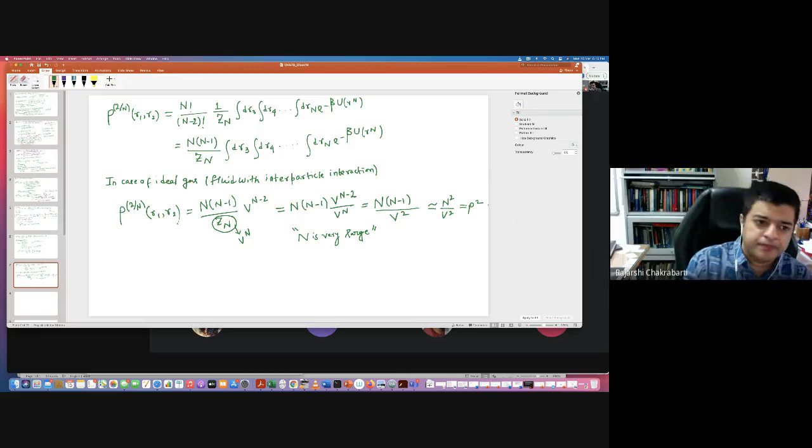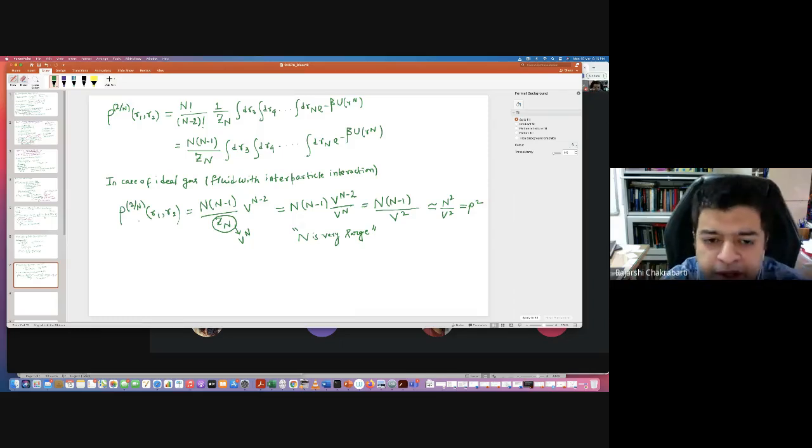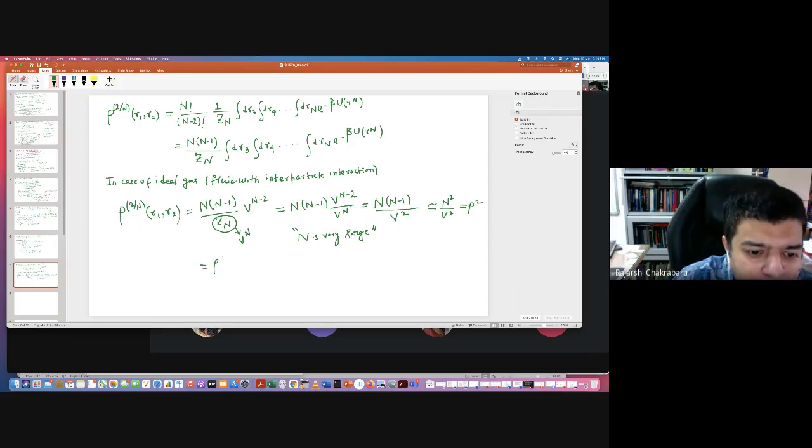Fine. Is it fine? So it can be factorized: the two particle correlation, that is the two particle distribution function, into two one particle functions, because this is nothing but your case when u is 0, isn't it?